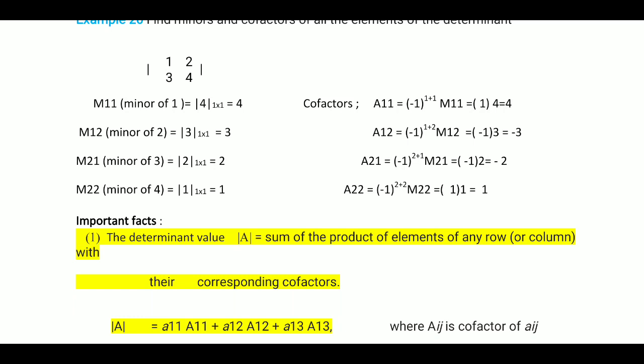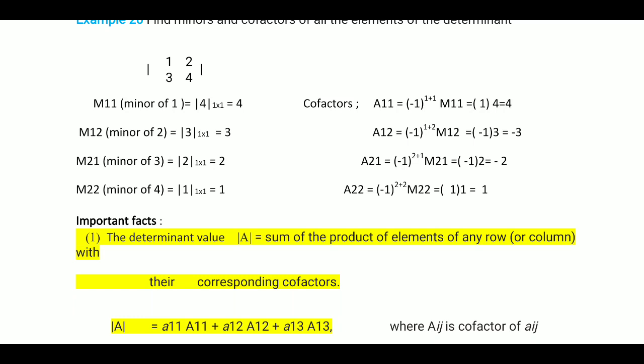Similarly, A21 is equal to minus 1 power 2 plus 1 into minor M21, that is minus 1 into 2, that is minus 2. Similarly, we can find cofactor A22, equal to minus 1 power 2 plus 2 into minor M22. That is minus 1 power 4, which gives you 1, and M22 is already 1, so 1 into 1, that is 1.